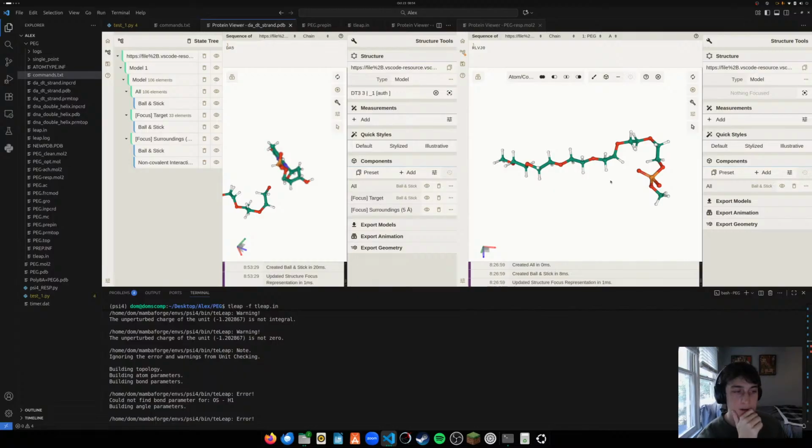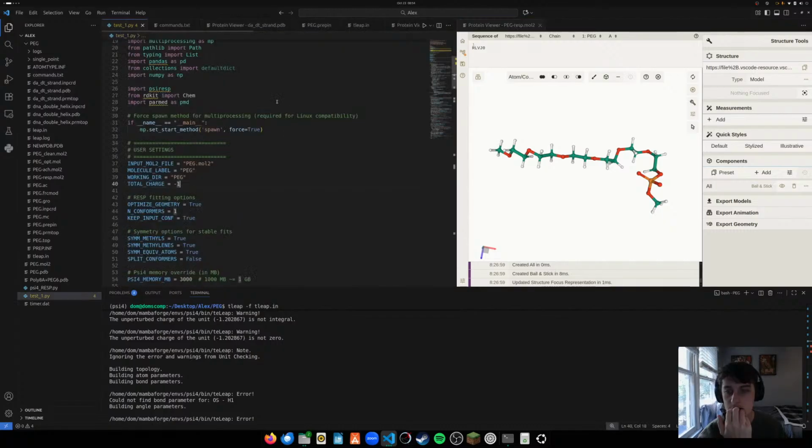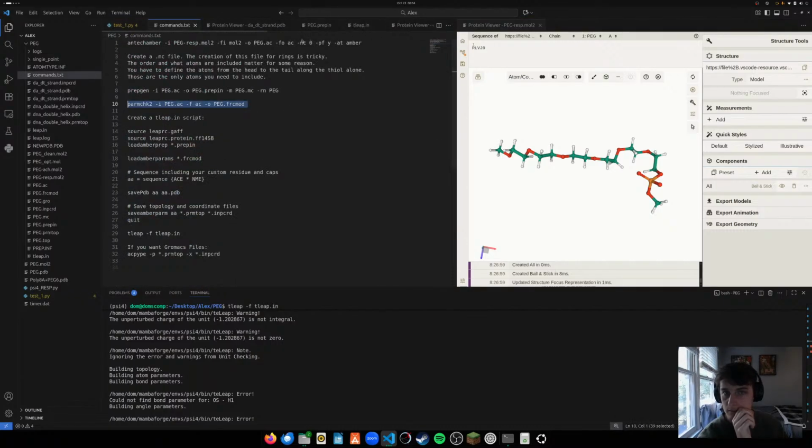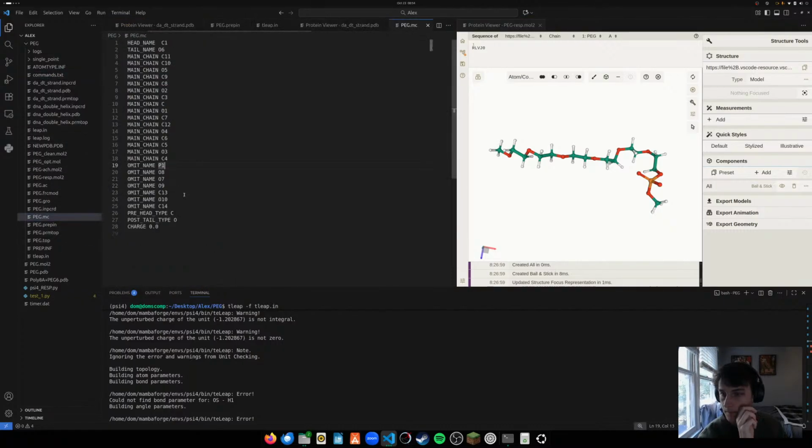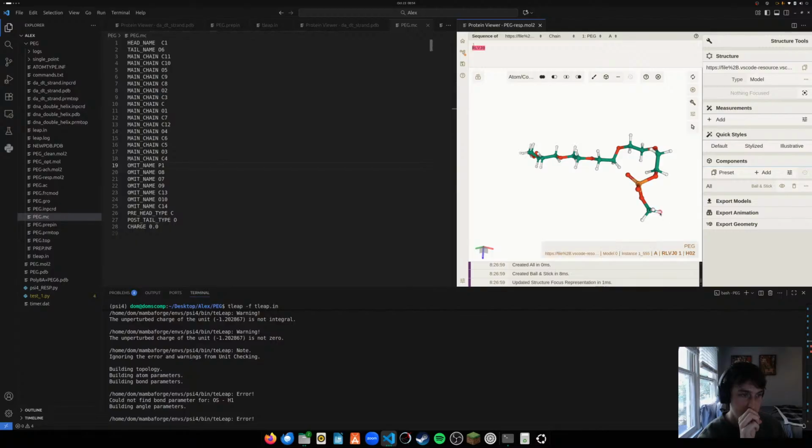Oh, you know what? I gotta remove these hydrogens. What am I thinking? So, and then C13, yeah, and then I gotta get rid of these. HO3, HO2, HO4. I'm so stupid.